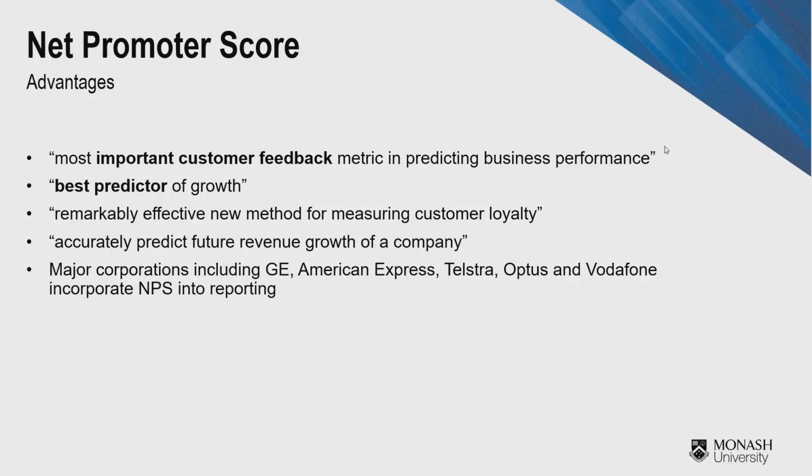Some people also say that word of mouth, or WOM, is an accurate prediction of the future growth of the company. Corporations including American Express, Telstra, Optus and Vodafone increasingly report NPS, because they think it is an asset to the company. When other people say good things about the company, obviously it gives them future assets.